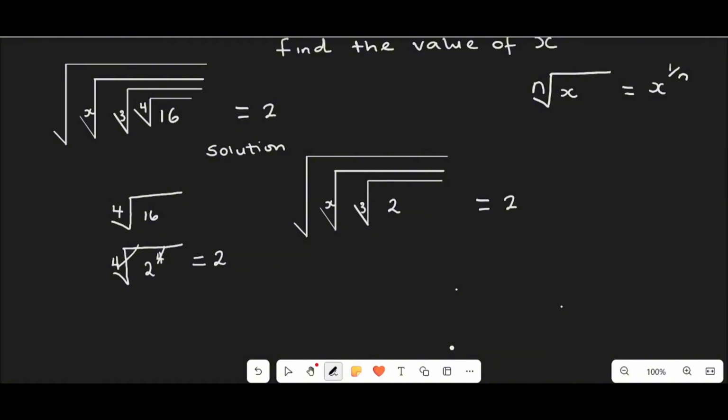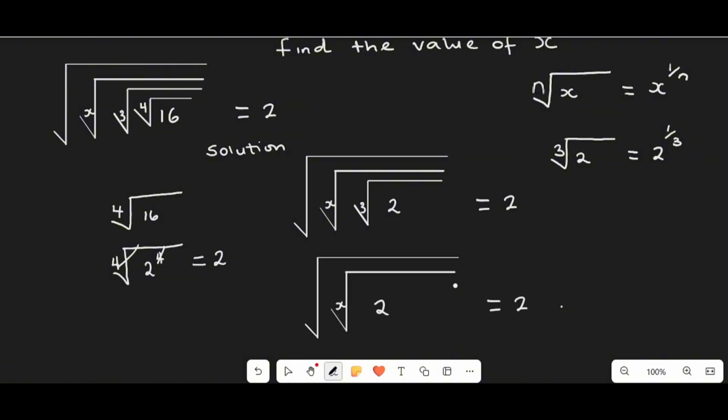That means if we have the cube root of 2, it is equal to 2 raised to power 1 over 3. So in place of this, let us put 2 raised to power 1 over 3. So the equation will reduce to 2 raised to power 1 over 3.